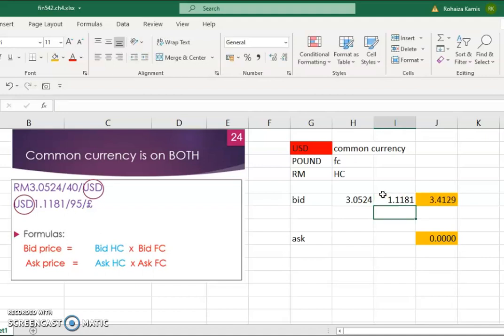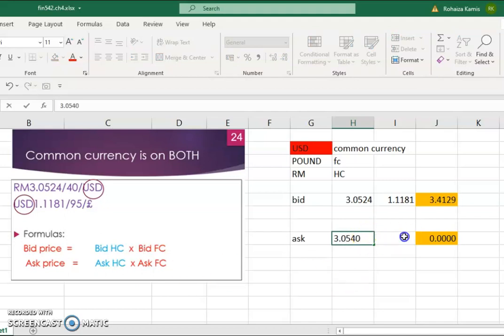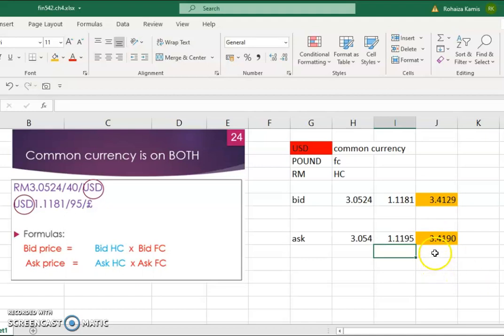So you will get 3.4129. Then for the ask, we take the ask home, which is 3.0540, and the ask foreign, which is 1.1195. So you will get 3.419.